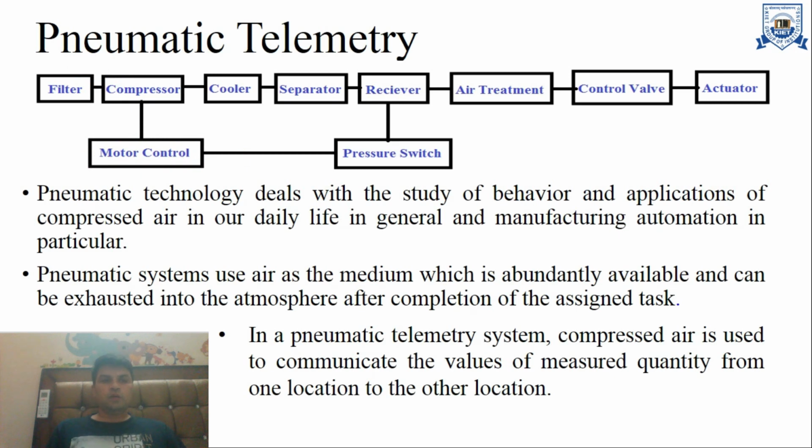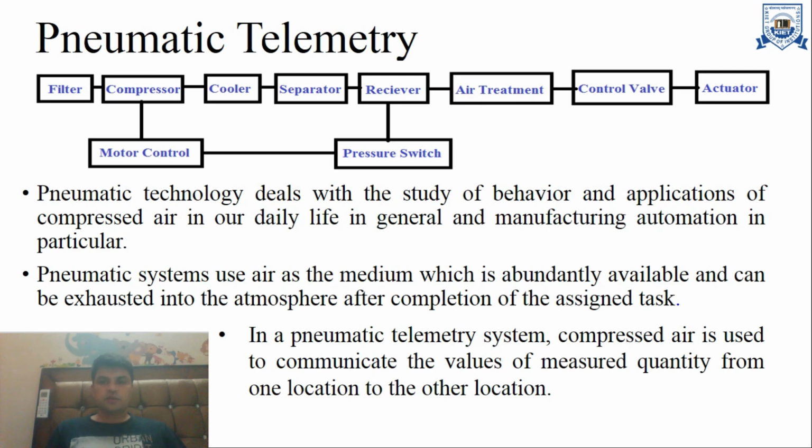This is the first, pneumatic telemetry systems. In this, as you see in the diagram, there is a filter, then a compressor to compress the air, then a cooler to cool the compressed air, because highly compressed air becomes hotter, so we need a cooler.